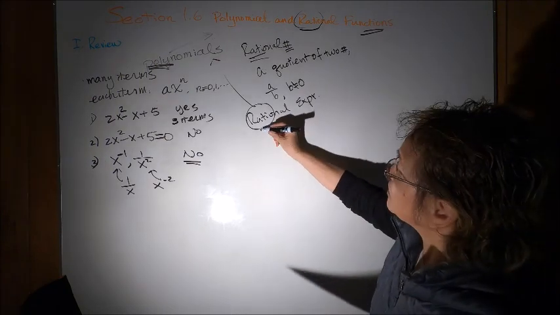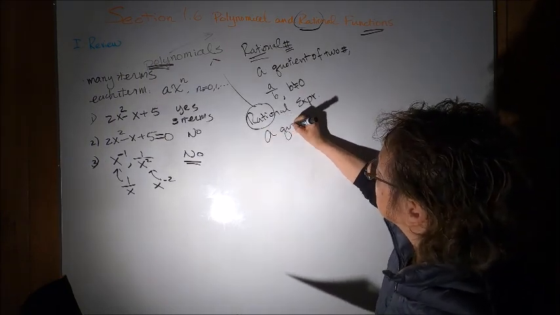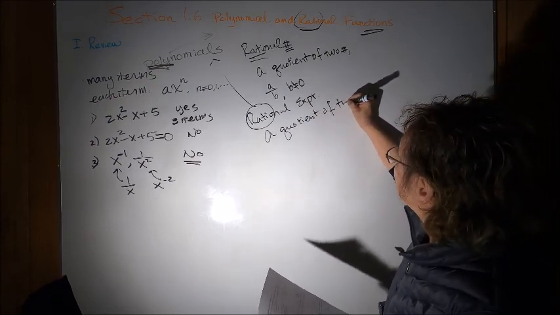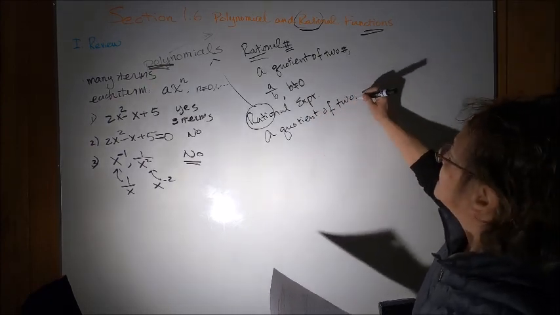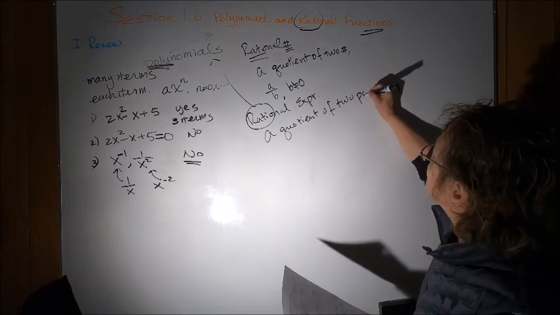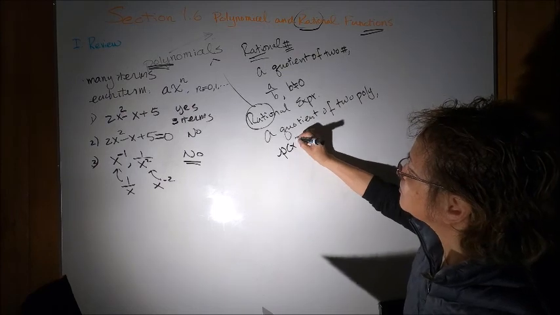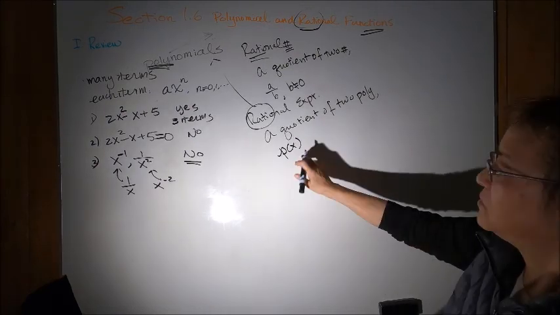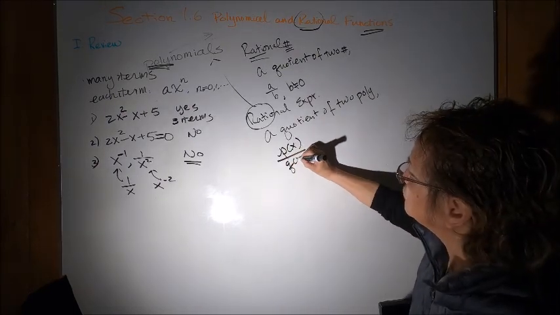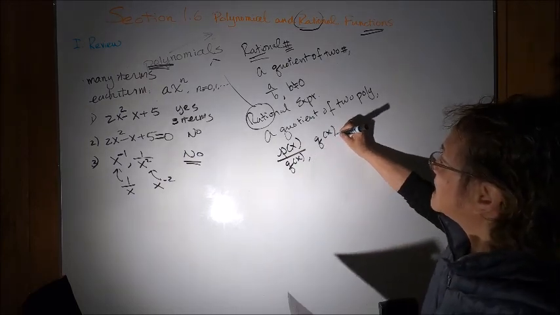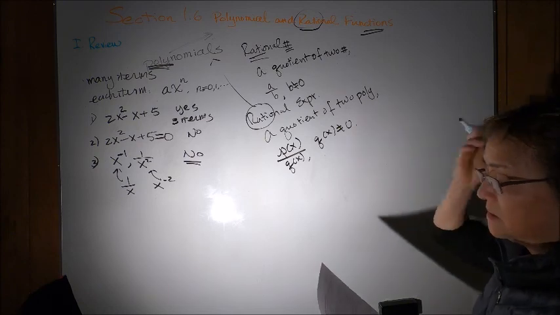So a rational expression is a quotient of two polynomials. We write the function style like f of x equals p of x over q of x. Same thing, the denominator cannot be 0.